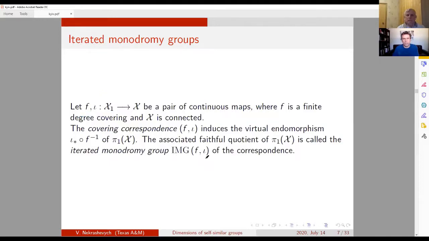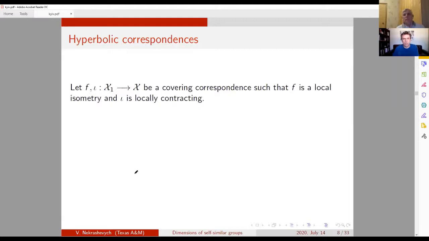So the quotient is called the iterated monodromy group, and it will have a canonical class of self-similar actions. So that's how iterated monodromy groups appear, how self-similar groups appear. And if this covering correspondence is endowed with a metric such that the covering F is a local isometry and iota is a local contraction, then this iterated monodromy group will be a contracting self-similar group.